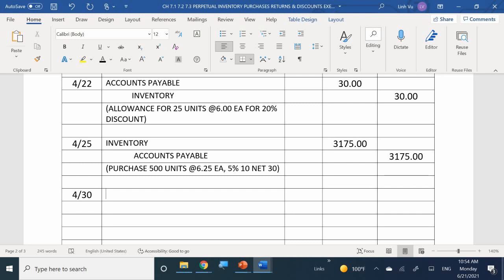To Cuppy's Co. Accounts payable, right? You're going to pay off what you owe. And what else? We're making a payment here.